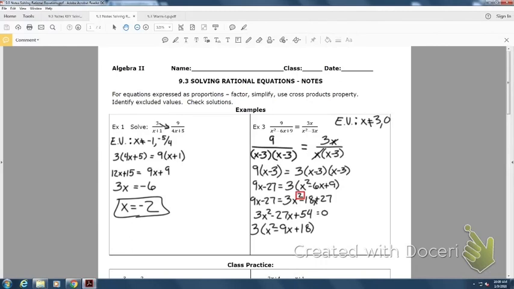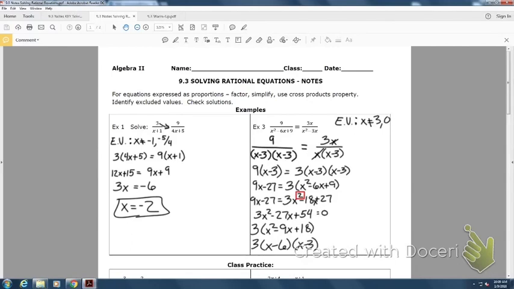Alright, so now I have this in here, and this looks a lot more familiar with the stuff that we usually factor. What factors of 18 add up to negative 9? Spoiler alert. Negative 6 is one of them.